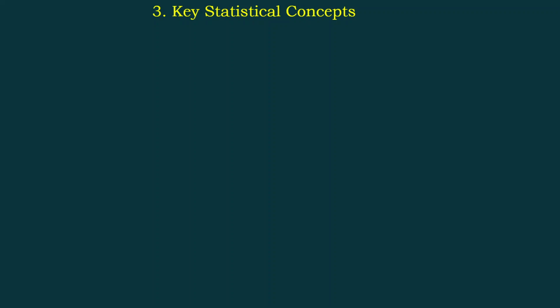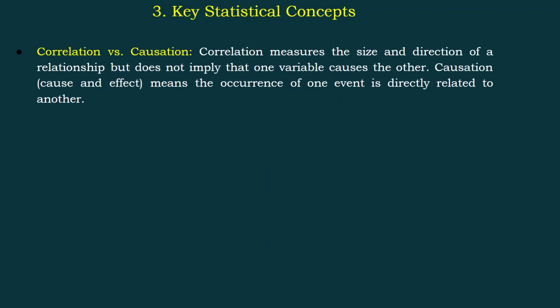Then the third step in this testing is key statistical concepts. The statistical concept is that we use different statistical methods to evaluate the model. First one is correlation versus causation. Correlation measures the size and direction of a relationship but does not imply that one variable causes the other.